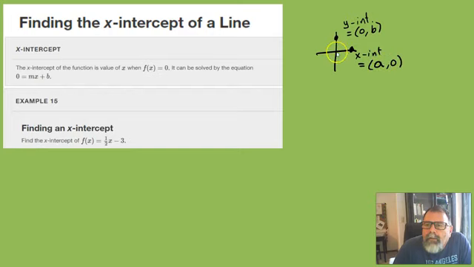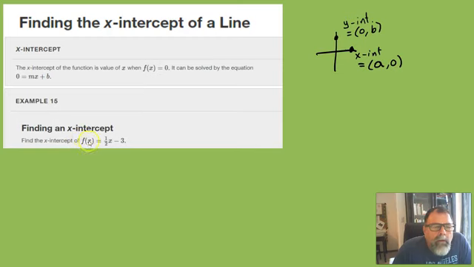So the y-coordinate's 0, but the x-coordinate is whatever where it crosses. Okay? So for the y-intercept, it's 0, b, so you put in 0 for x, solve it for b. And for the x-intercept, you do it the other way around. You put in 0 for y and solve it for x, which typically we write a. But anyway, we're going to solve this equation.